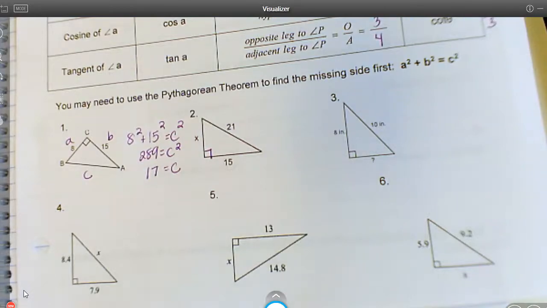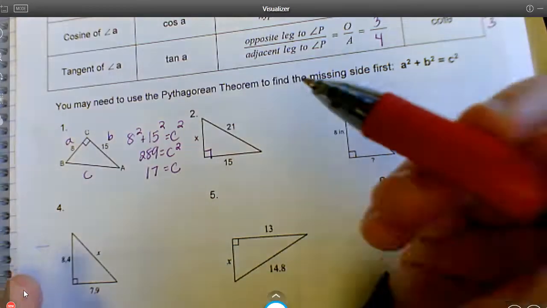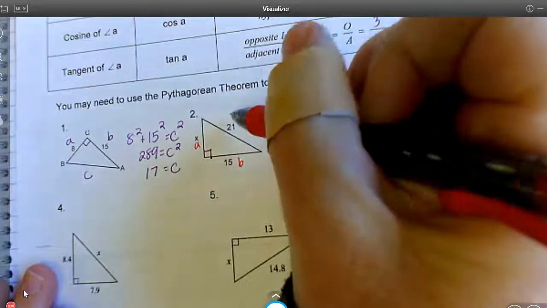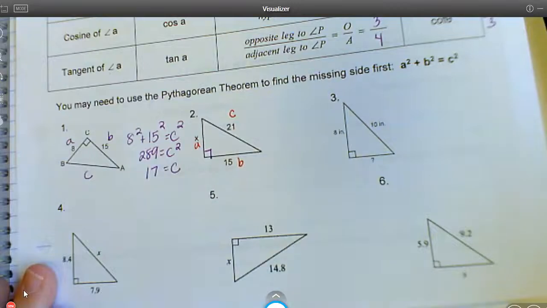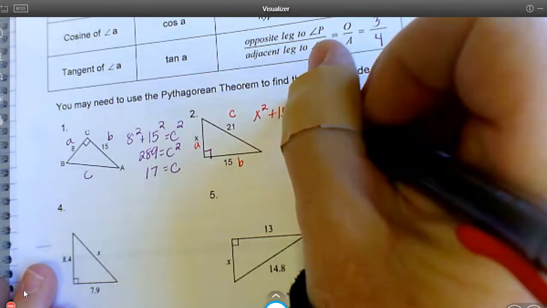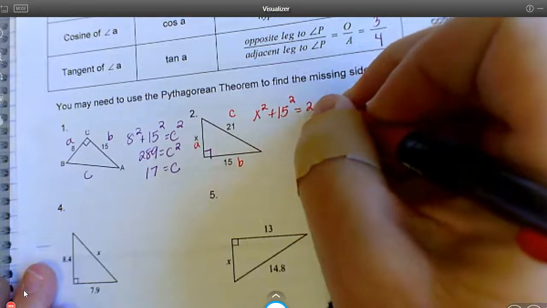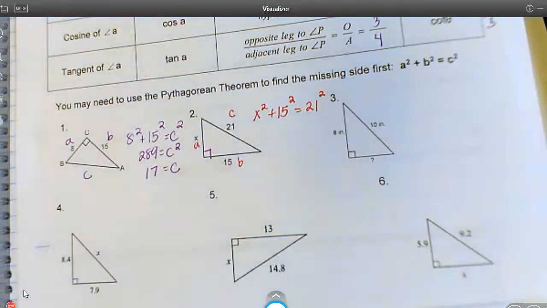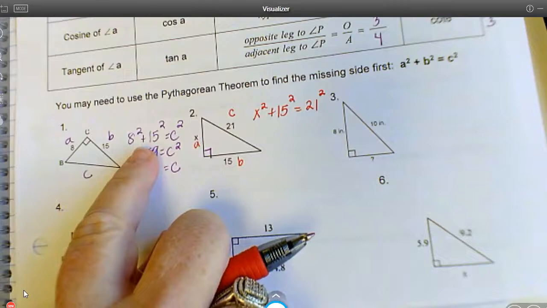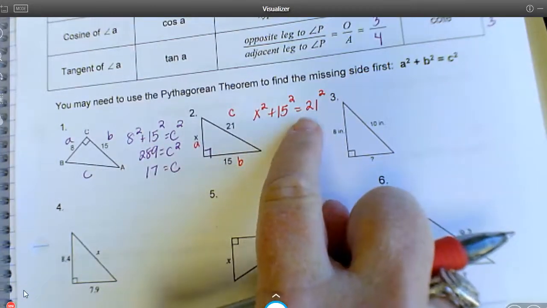Questions about number 1? Alright, number 2. Again, it doesn't matter the A and the B as long as you have the C correct. So I'm going to have x squared plus 15 squared equals 21 squared. On this one we had to add because we had both of the legs. We don't add here. What do?